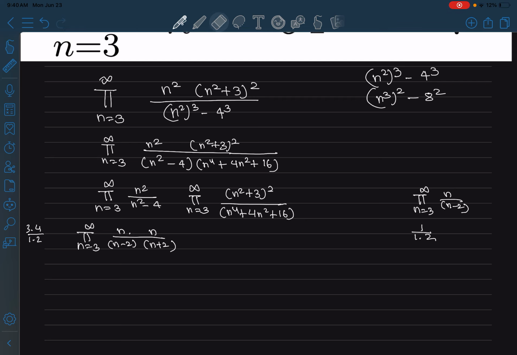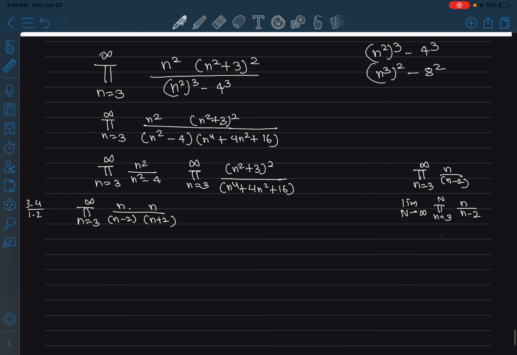If you do it like this, limit n goes to infinity of the product from n equals 3 to n, what you will get is n minus 1 by 1 times 2, and this is going to infinity. So you cannot just base your intuition to always work. Therefore we have to go towards rigor, so let me just do it rigorously.